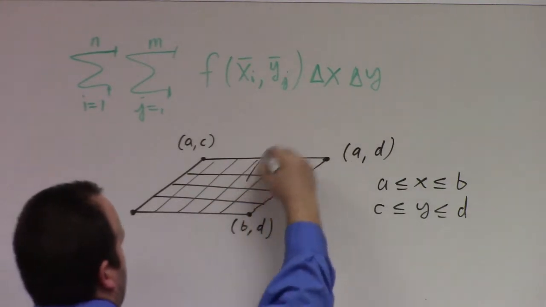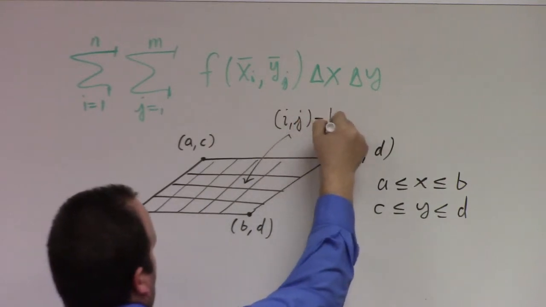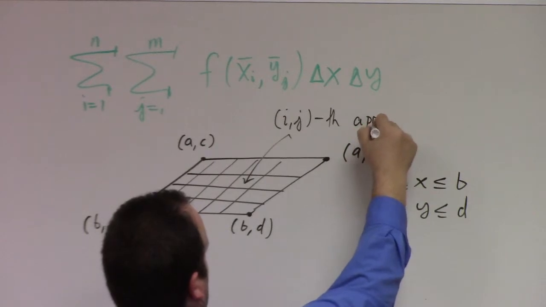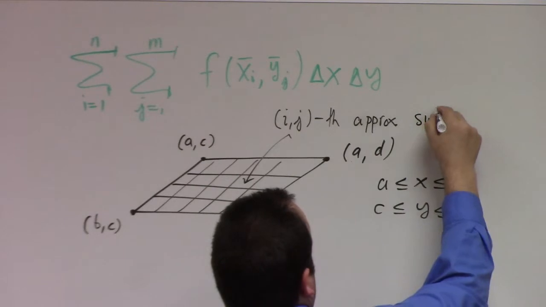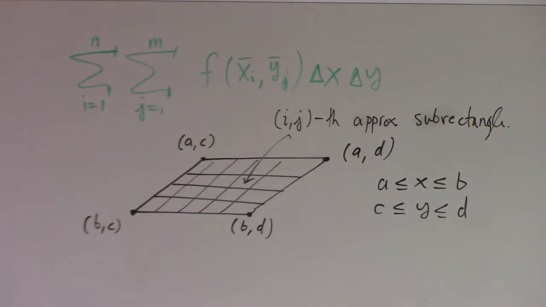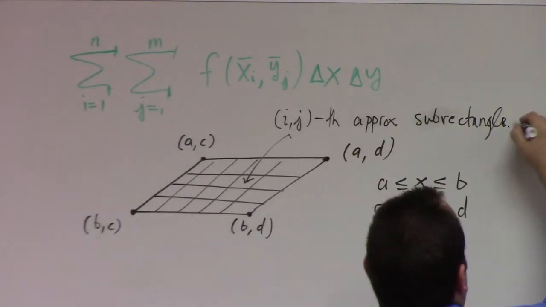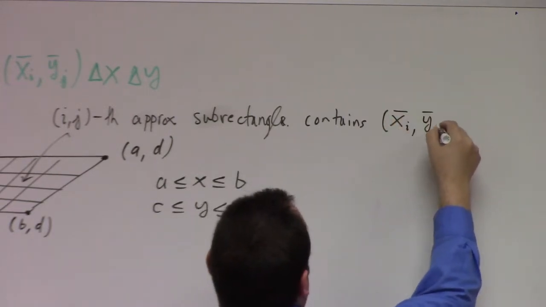So this maybe is the ijth subrectangle. And what does it contain? It contains the point x bar i, y bar j, all right?